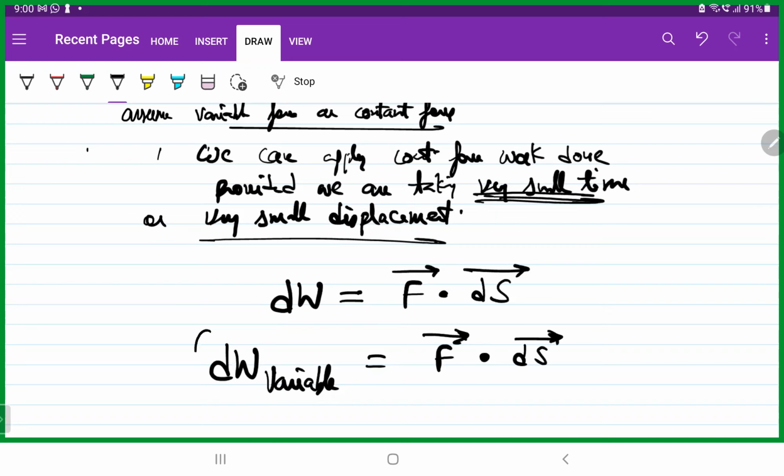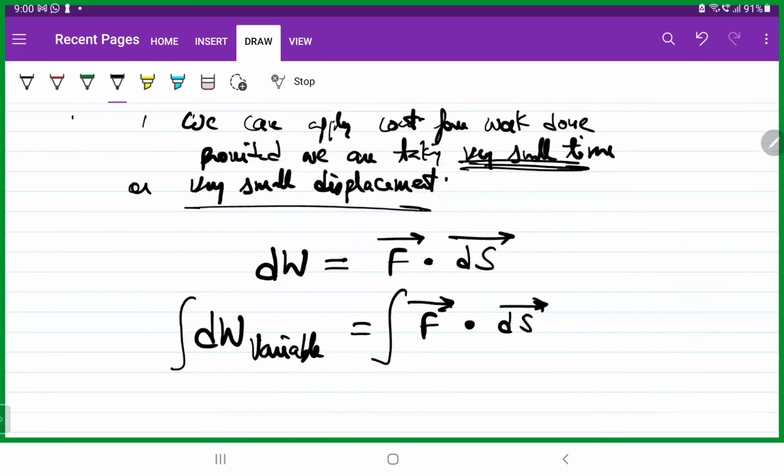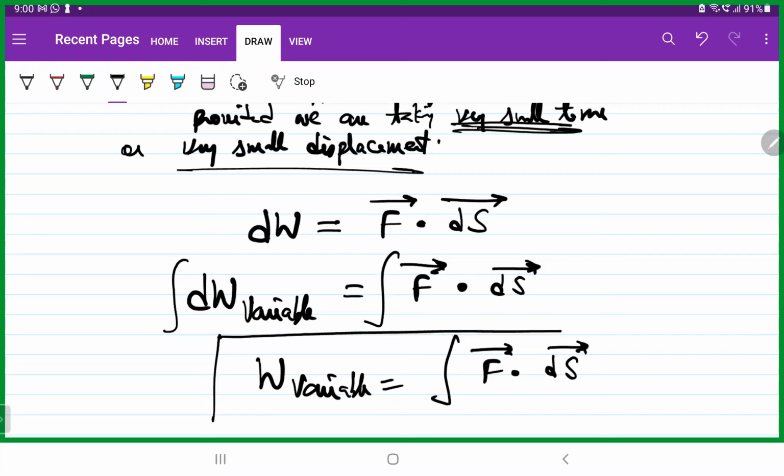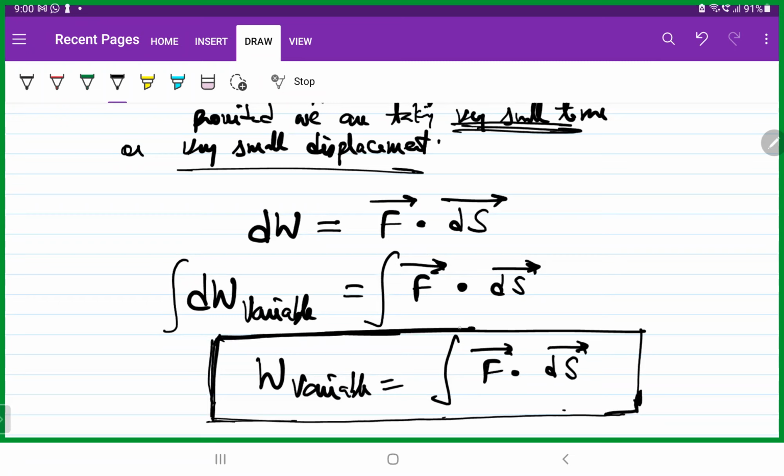Okay. Now we'll do the integration. So the work done by a variable force will be the integration of F dot ds. And it is a dot product. Other working will be the same as constant force, like cos theta dependency, the angle between F and ds. That's what I told you, that even when we calculate variable force work done, we have to apply the constant force formula.